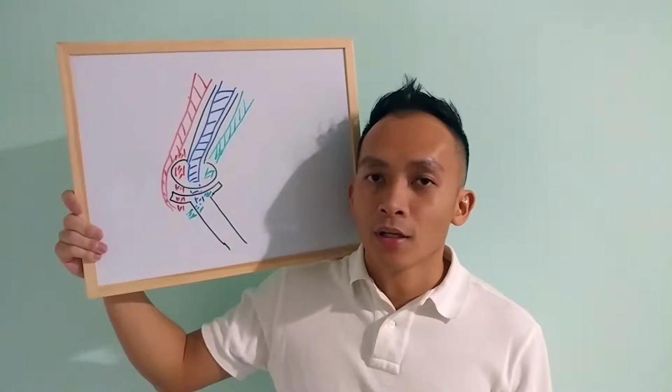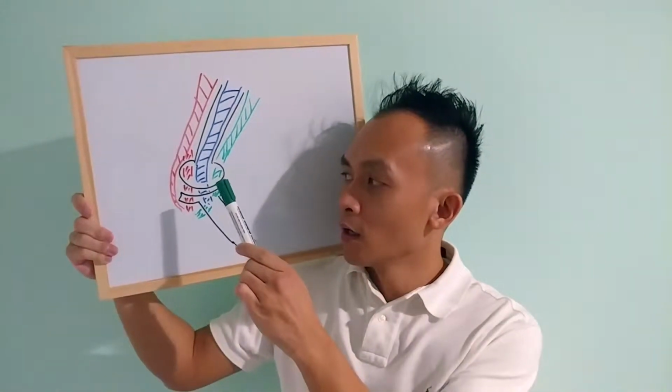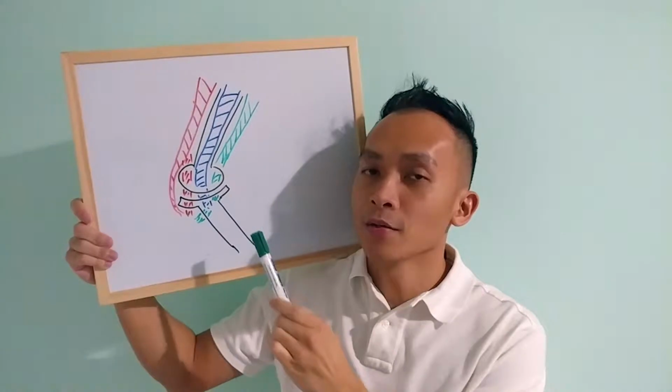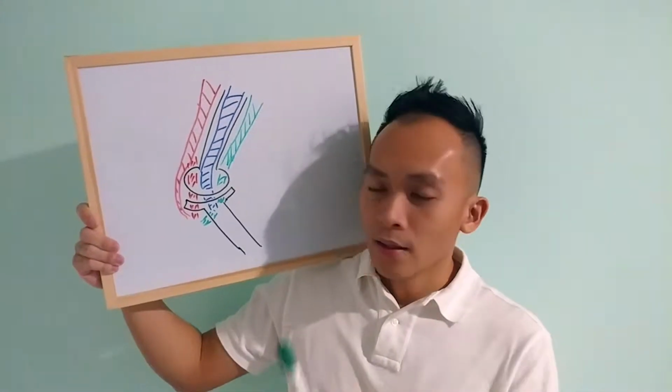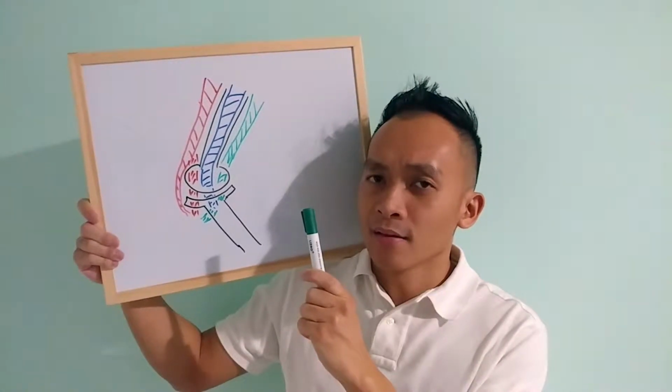When we're talking about the medial side, what are the possibilities that can give you a problem? This is looking from the medial side of your knee, and different colors represent different things.